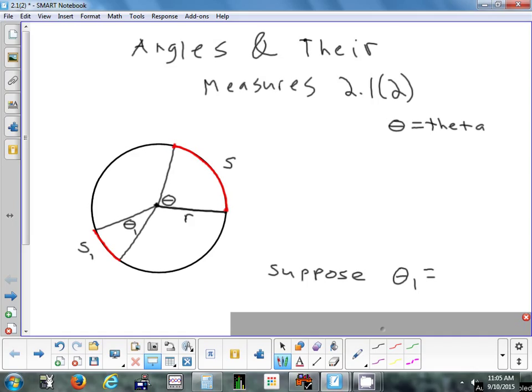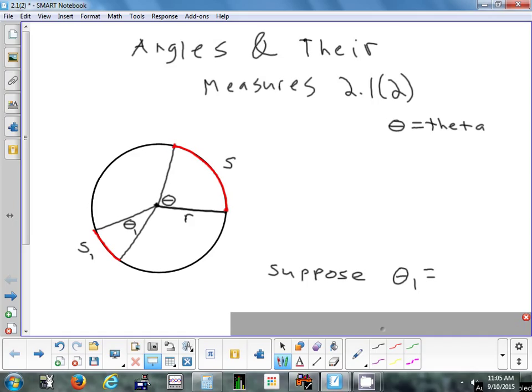So yesterday, we said that if this angle was a certain size, this arc would match the size of something else in the circle. Does anybody remember that? If this angle is a certain size, the length of this arc will be the same as something else. Yes, if you make this angle a certain size, the arc and the radius would be the same.